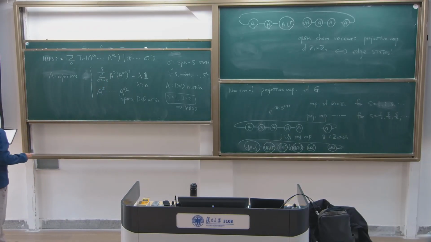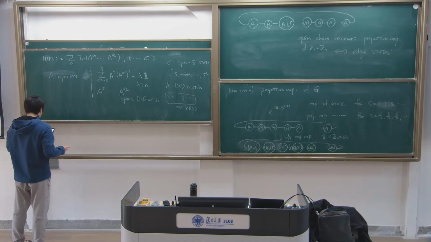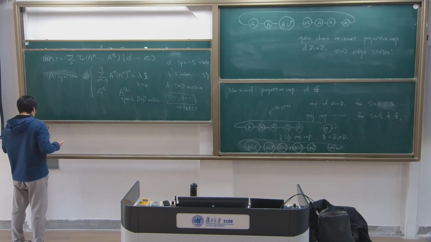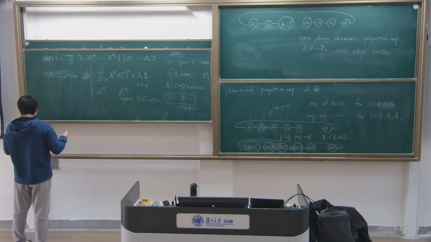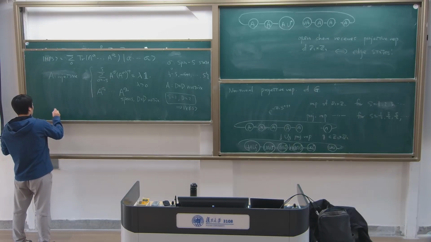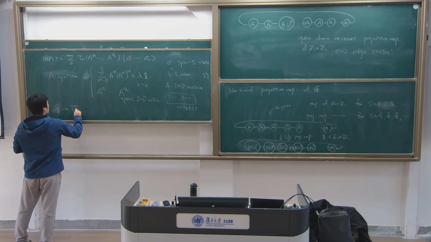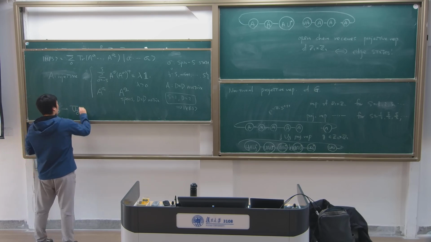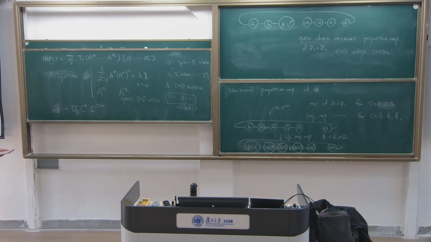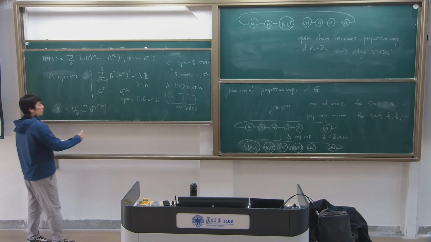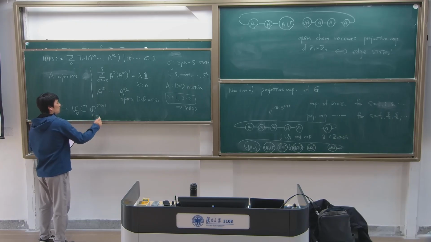And then we consider a representation of G, G goes to G, that acts on the D to the 2S plus 1 dimensional space. This is the space of sigma.